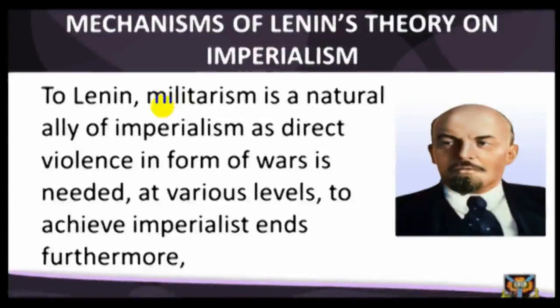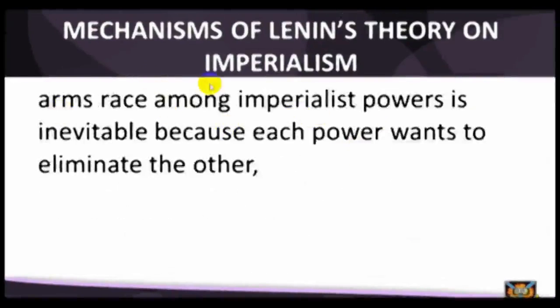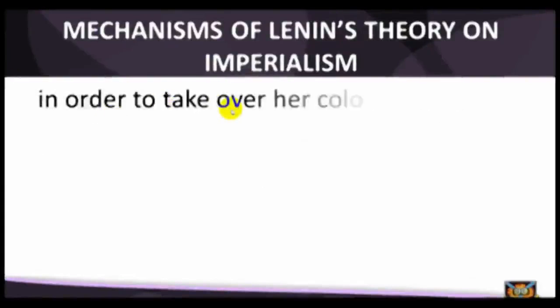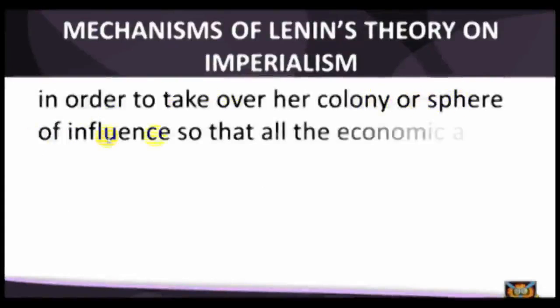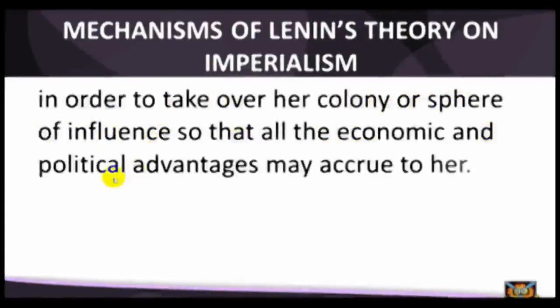And furthermore, an arms race among imperialist powers is totally inevitable because each power wants to eliminate the others in order to take over a colony or sphere of influence so that all the economic and political advantages might accrue to her, which could be referred to as selfishness.